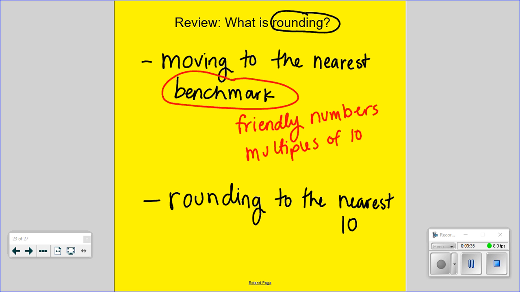We also did an even bigger number line, 100 numbers, and that was called rounding to the nearest 100. So we rounded to the nearest 10. Brady, you got this written down? And we rounded to the nearest 100.